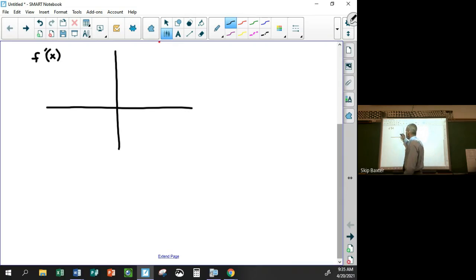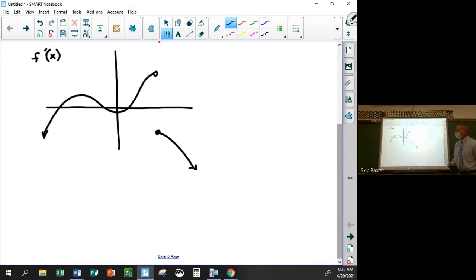Let's say there's not an asymptote, but there is a piecewise part or something like that. So say it goes like this. Something like that. I don't know. And you're trying to determine what the shape of f of x is.